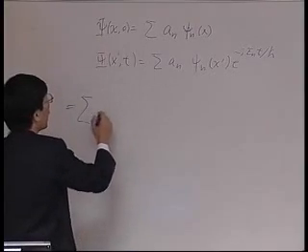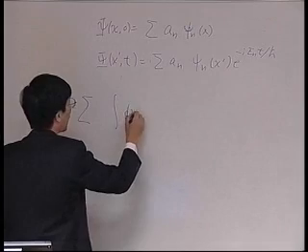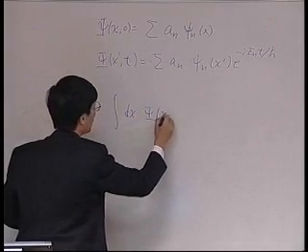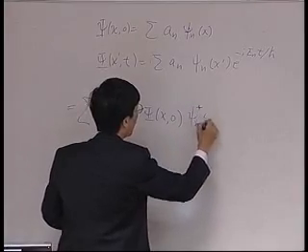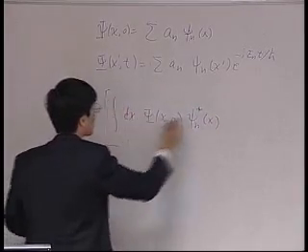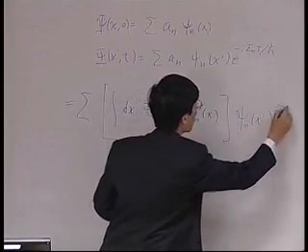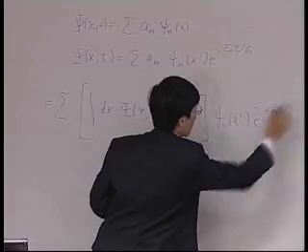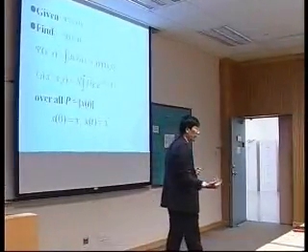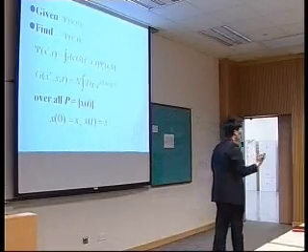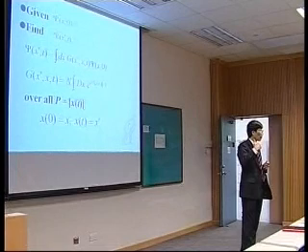By projection, I know a_n is given by the integral dx of the initial wave function times psi_n star of x. This is a_n. If I assume the wave functions are normalized, then the coefficient a_n is obtained by projecting the initial wave function onto the corresponding eigenfunction.